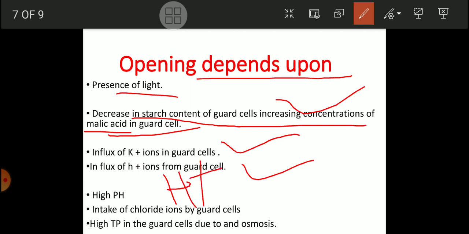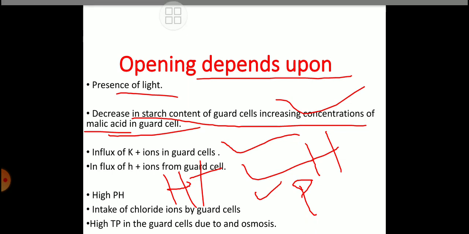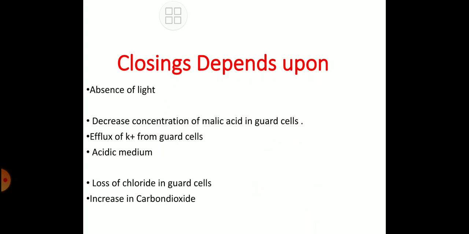Now there is a high pH; in pH we write P at the bottom and H at the top. Intake of chloride ions takes place by the guard cell, and because of all these things there is high turgor pressure of the guard cells, due to osmosis, due to the entering of water into the cell.